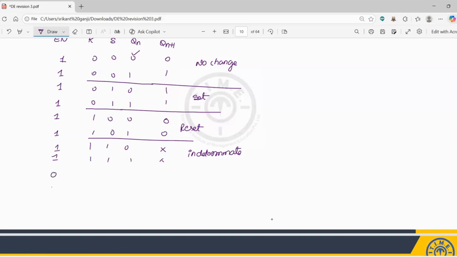Suppose you are giving the enable input as 0. Then whatever the present state output is, the same will be displayed in the output, because there is no change, because it has memory. Sir, what is that?